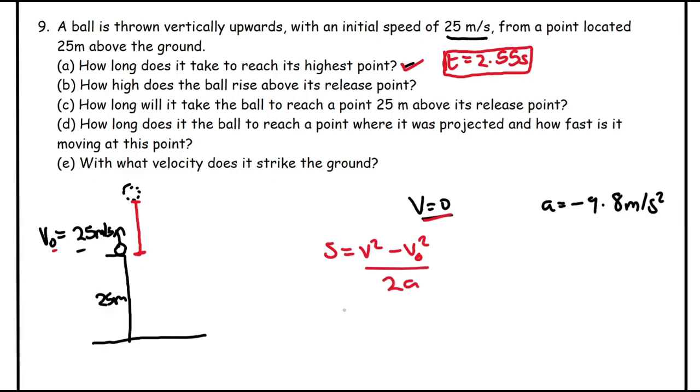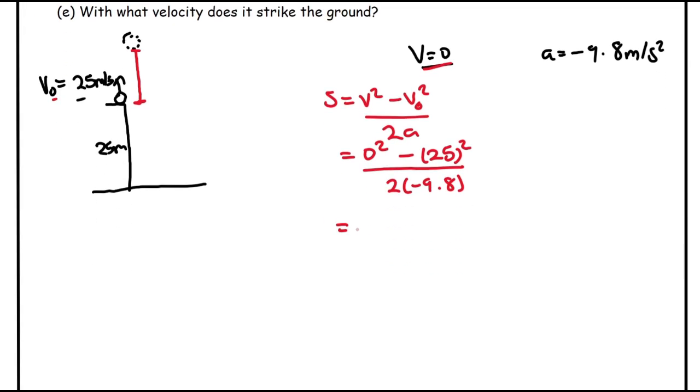We know the final velocity is going to be 0 at the highest point, minus the initial velocity, which is 25, squared, divided by 2 times negative 9.8. This gives us negative 625 divided by negative 19.6, giving us a displacement of 31.9 meters.